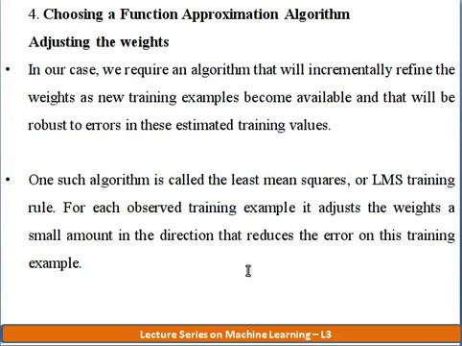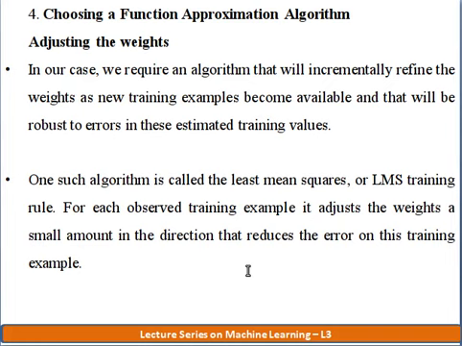In our checkers learning case, we need an algorithm that will incrementally refine the weights as new training examples become available, and that will be robust to errors in the estimated training values. One such algorithm is the least mean square, or LMS, training rule.